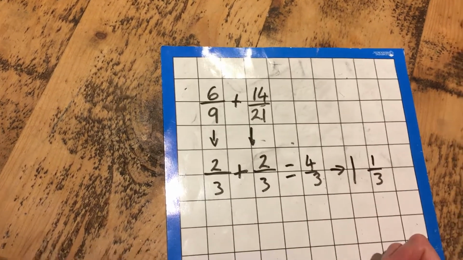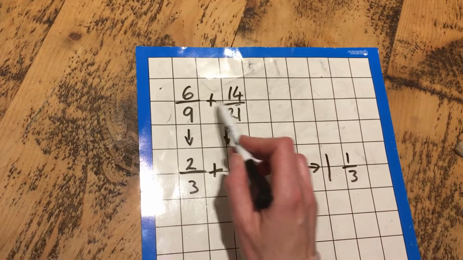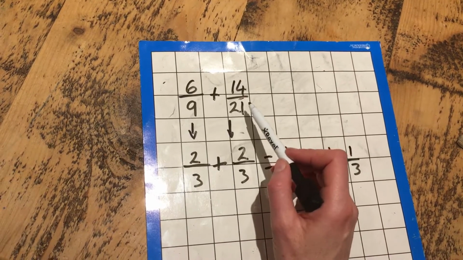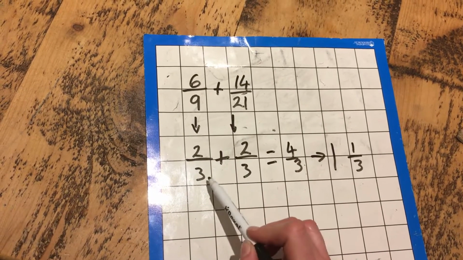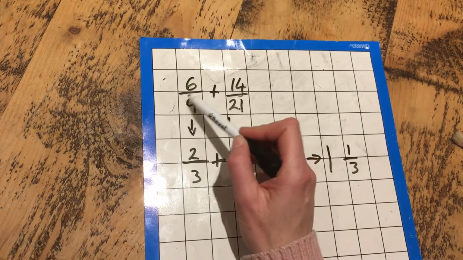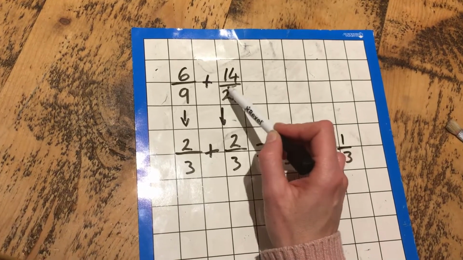It's 1 1/3. For this I recognised that 3 was a factor of 9 and 21, so I decided to make the denominator 3, and I thought what I needed to divide 9 by to get 3 and what I needed to divide 21 by to get 3.